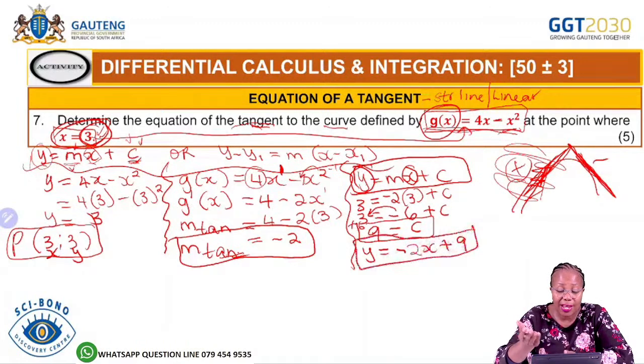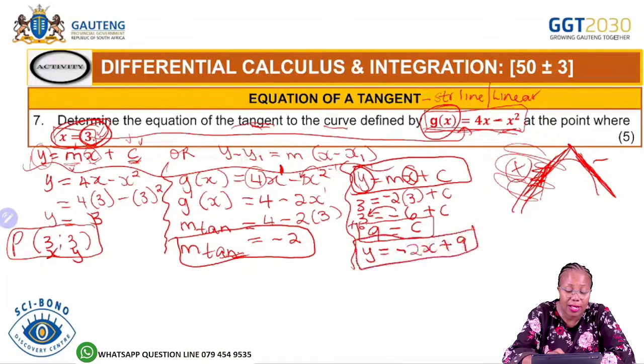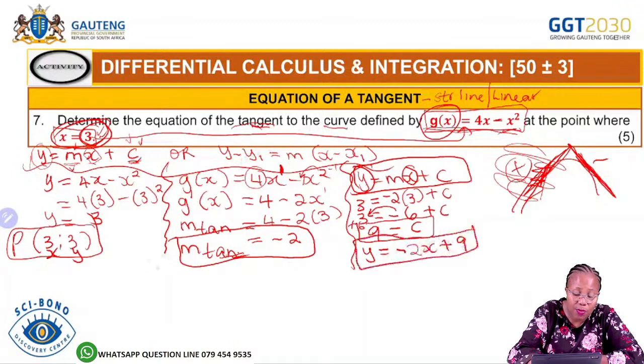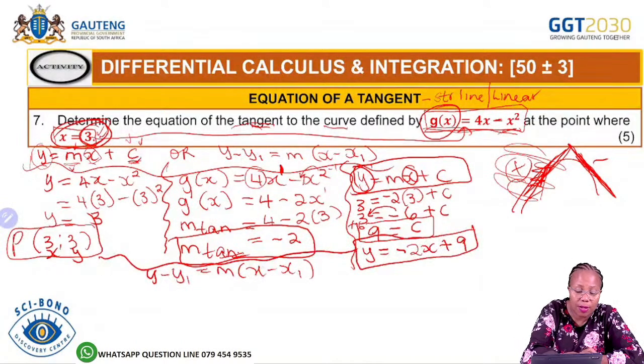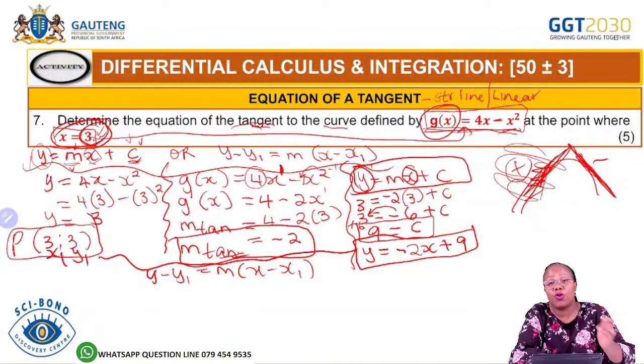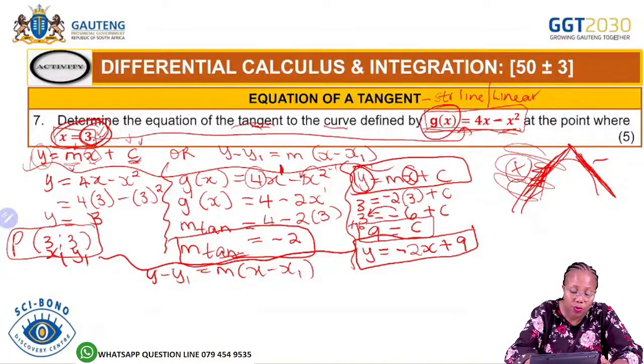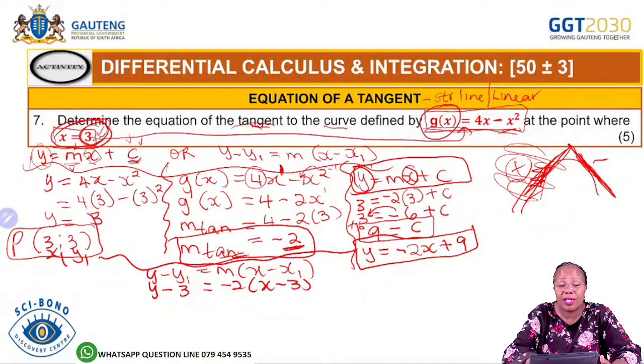So if one of the learners decides to use y minus y1, that particular learner will have y minus y1 equals m into x minus x1. Let's check, are we going to end up with the same thing? Now the learner will call this the x1 and the y1 because he's using the formula with y1 and x1. So it will be y minus 3, the gradient minus 2 is the same gradient as that one, and then x1 is 3, so minus 3.